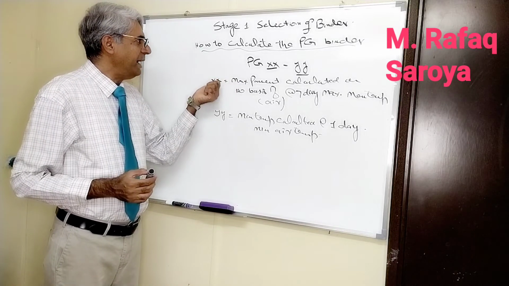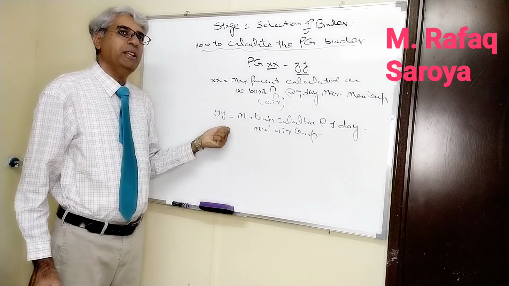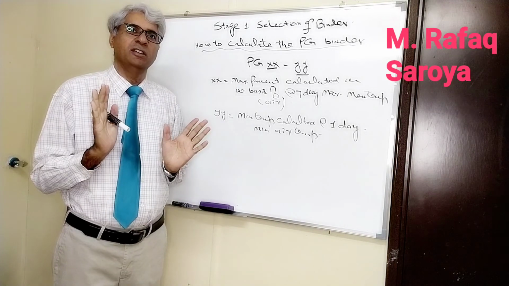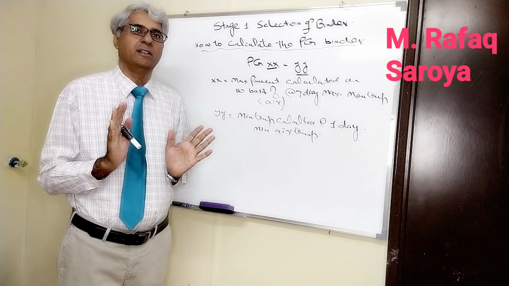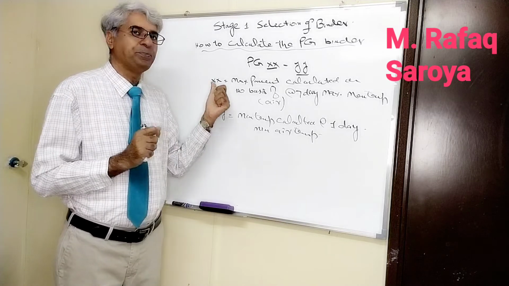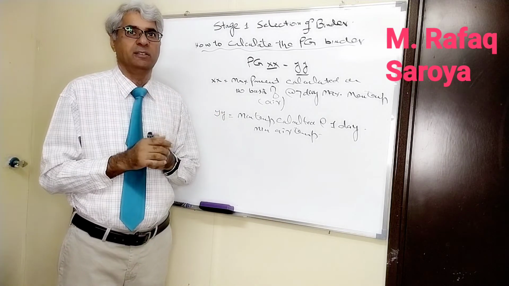It means we have to find out the maximum pavement temperature and the minimum pavement temperature. In my previous introduction to Superpave mix design, I told you about climatic condition and the project location.